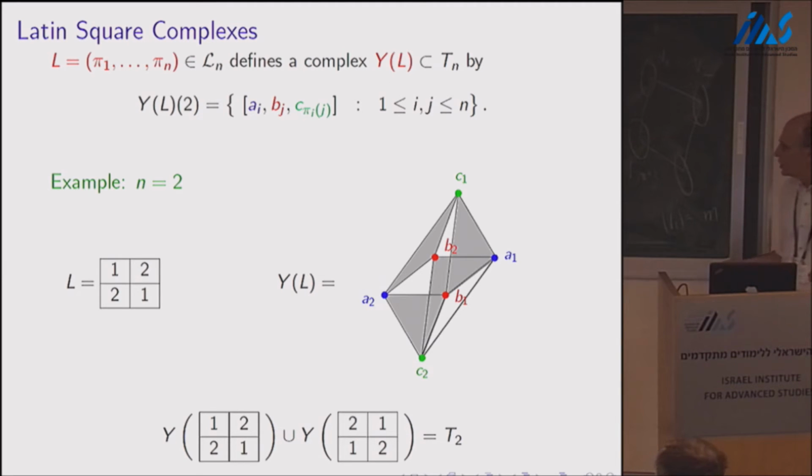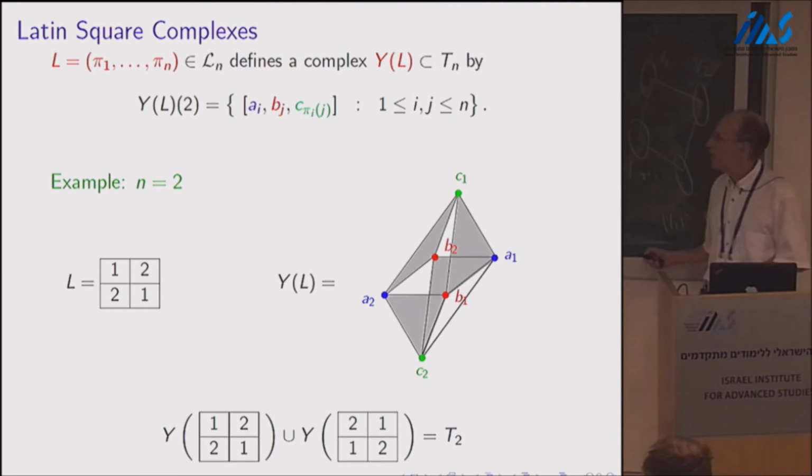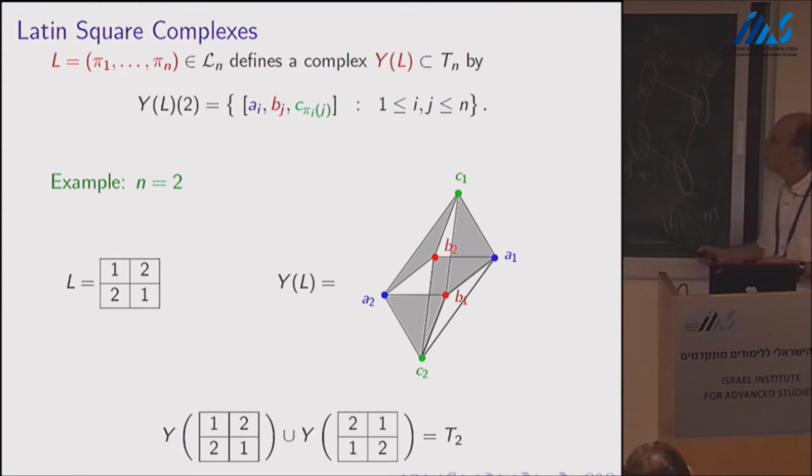It's S2. So the idea is to take a union of many such guys and get a complex which on one hand will kill all one-homology, and furthermore will have positive one-expansion, and on the other hand will have a bounded edge degree.